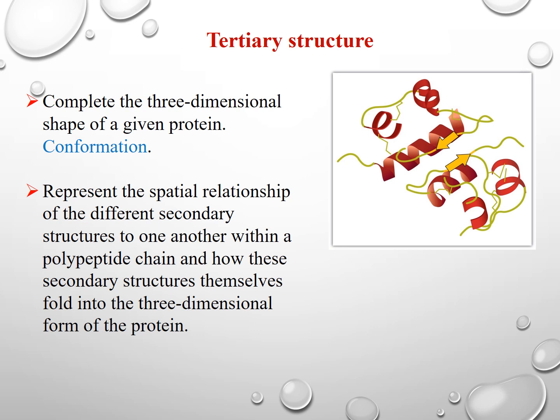The repeated combination of alpha helices and beta pleated sheets, the overlapping of repeated sequences of secondary structure of protein, forms the 3D structure, that is the tertiary structure of protein.